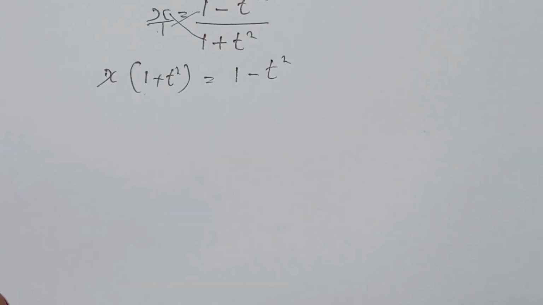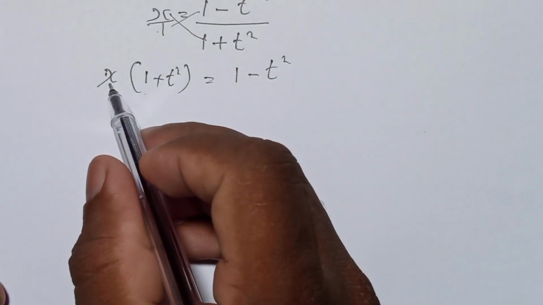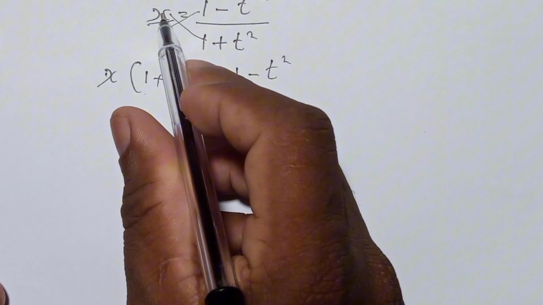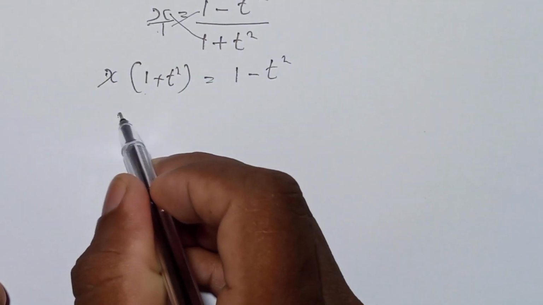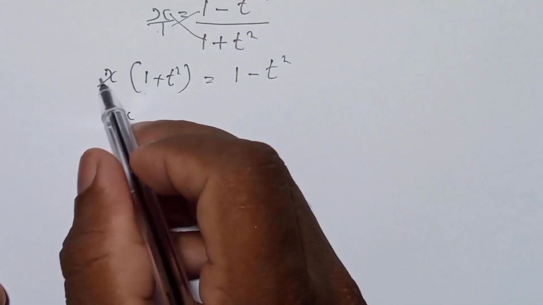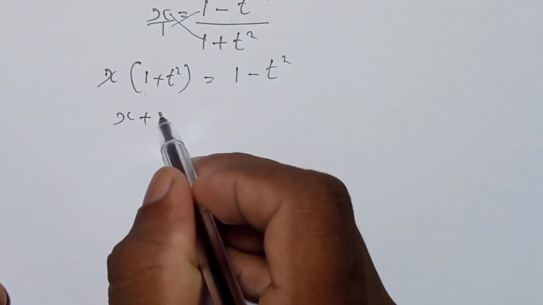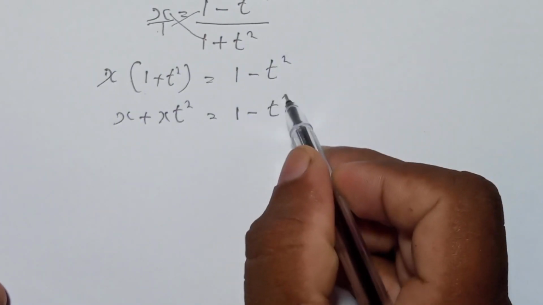And then now we can multiply by x both terms, right? Here, bracket, this numerator with this denominator we need to multiply. Okay, now here x into 1, x, and x into t square, it will be x t square, and here 1 minus t square.